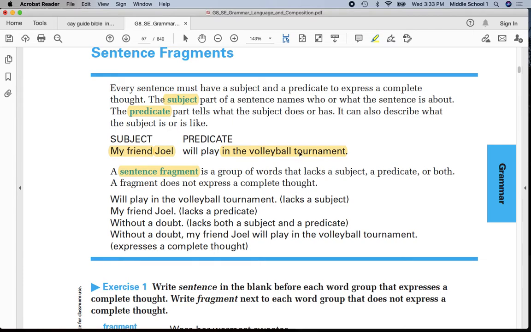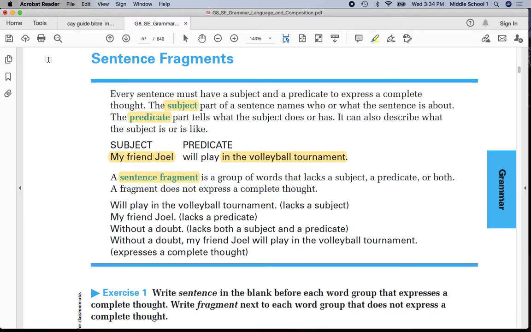So we don't want to confuse the noun, the object that's in that prepositional phrase, for the subject of the sentence. So really, my friend Joel will play is the base sentence. In the volleyball tournament is just a phrase that's added on. And we're going to see how helpful it is to be able to identify those prepositional phrases in the sentences as we go through.